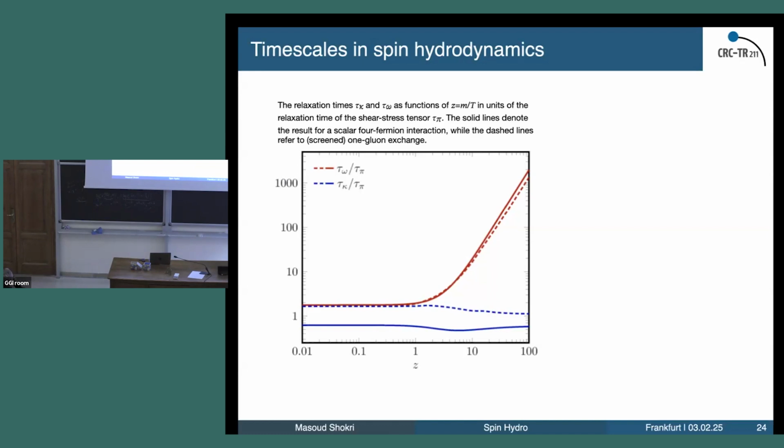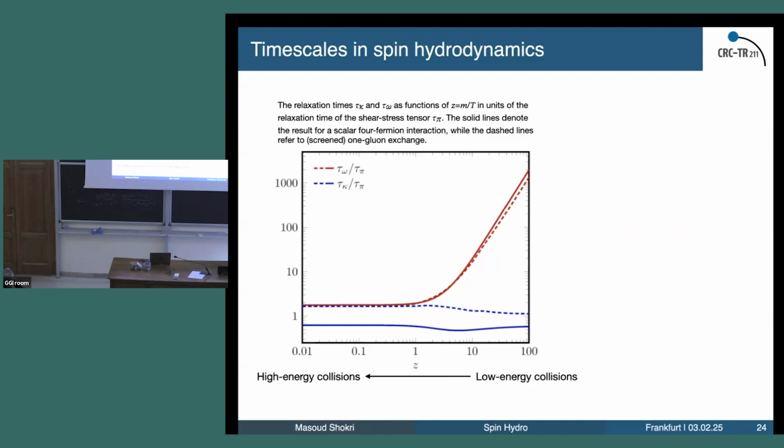And as you see, the relaxation times for kappa and omega are quite similar to the shear relaxation time for small z. But then for omega, you will see that it blows up when z gets large.